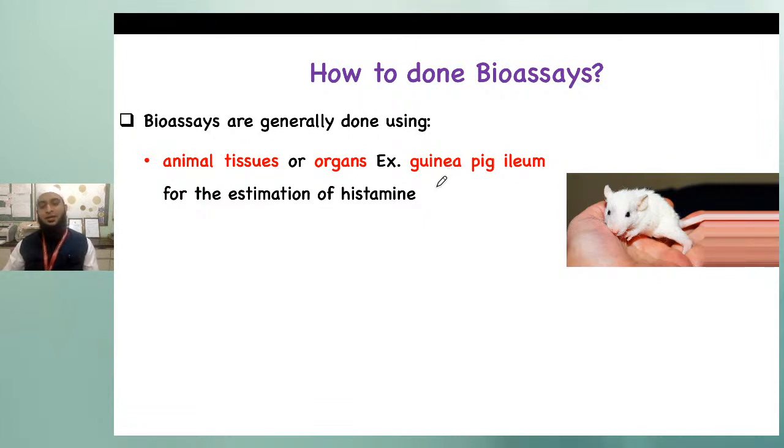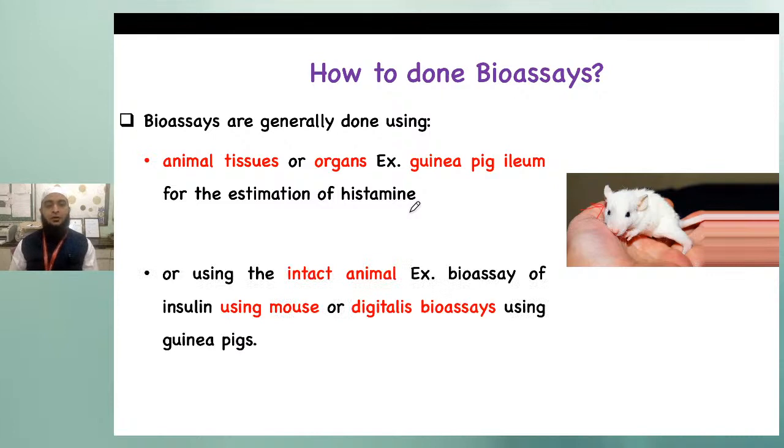Likewise, in your higher grade pharmacology practical, you will be doing the biological assay using cock ileum or hen's ileum. So you estimate the concentration of histamine by using particular body organs or tissue, or you may use the whole organism, like mice, rats, or zebrafish, for the study of their pharmacological action.